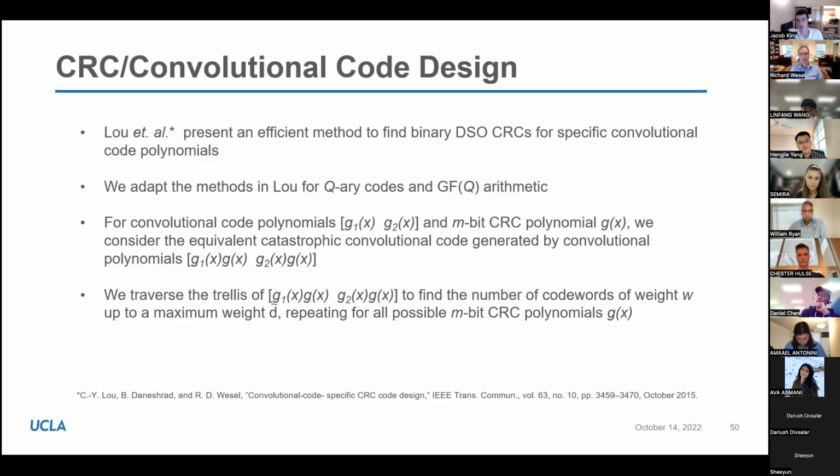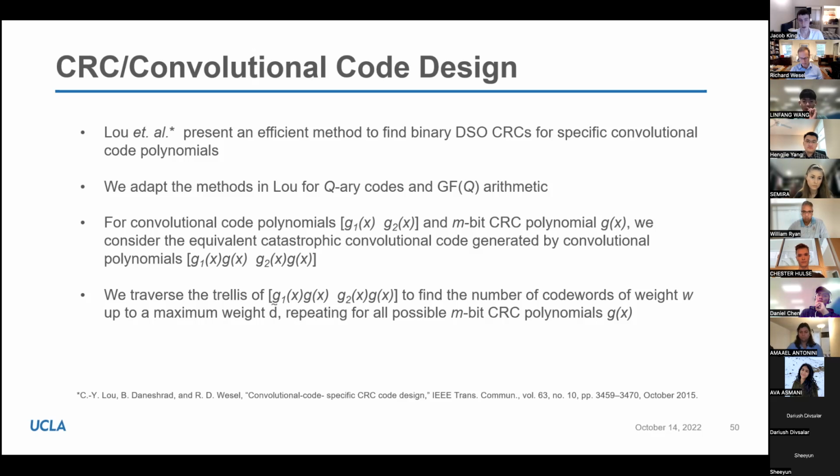We start by setting a maximum weight d tilde to search up to. We then search all paths in the trellis to find all code words with weight less than d tilde, terminating a path if the path weight ever reaches d tilde. We then do this for all possible m-bit CRC polynomials. That's a typo.